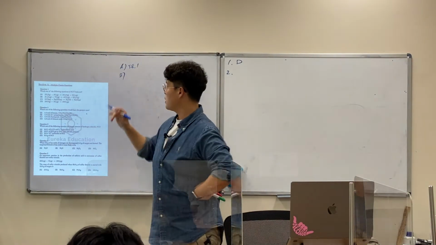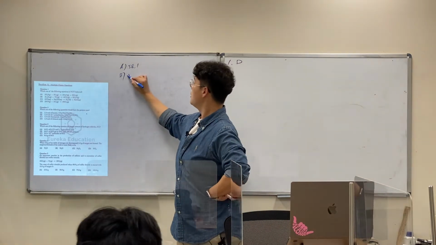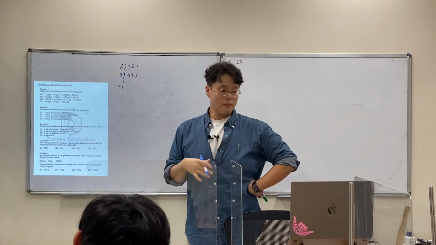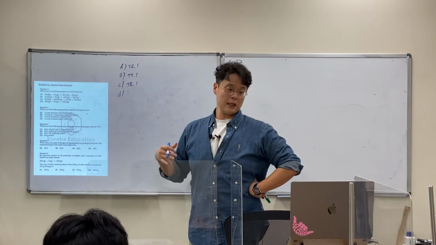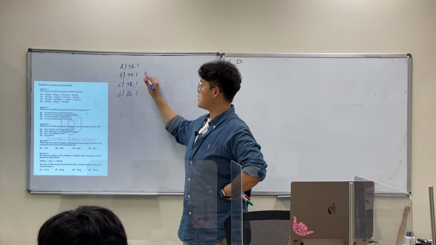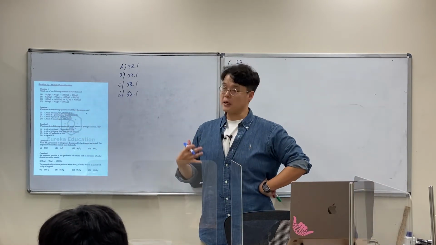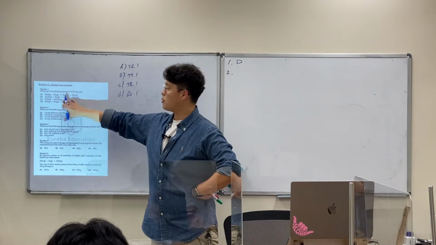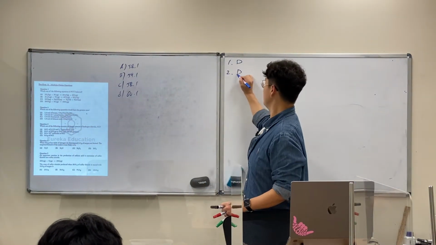B, 1-propylamine, would be 59.1. C would be 58.1 again. And D is 60.1. So out of these four, D, which is ethanoic acid, has the greatest molar mass. With the same number of moles, it will be the heaviest. So the answer is D.